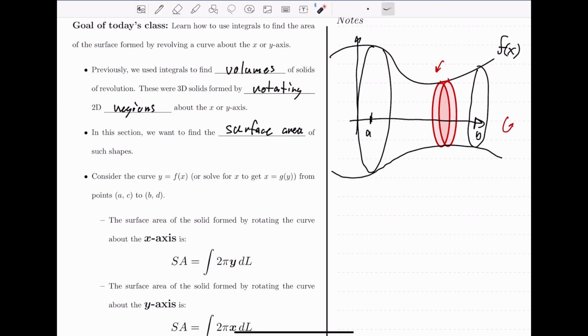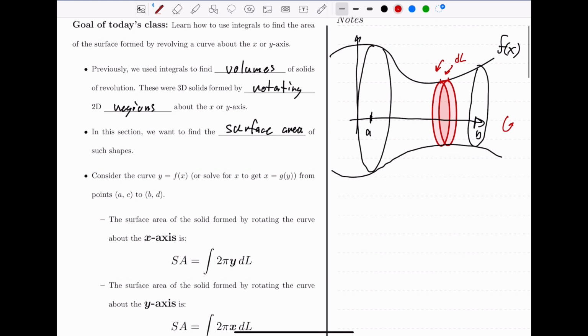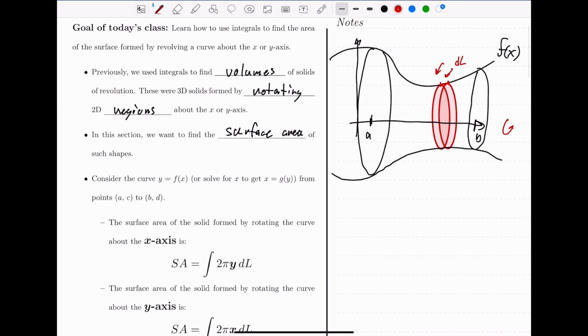So rotating this small piece of the curve around the x-axis gives us this circular band. Now, let's say that the length of this portion of the curve here is dl, just like we did for arc length. Let's think of that small length along the curve as dl, some small difference in the arc length.